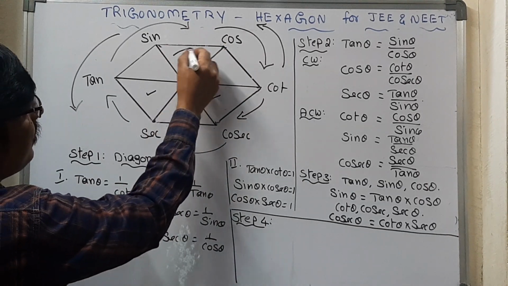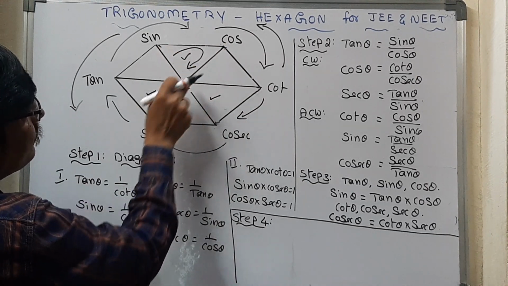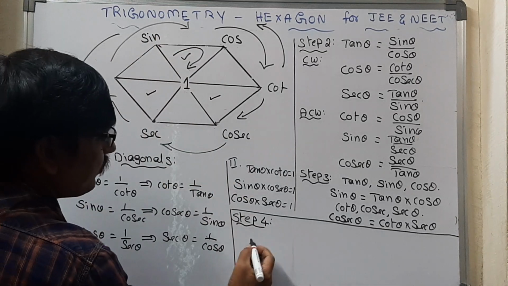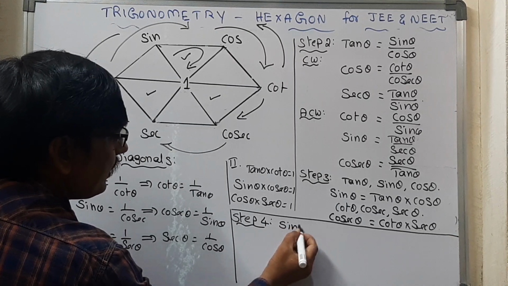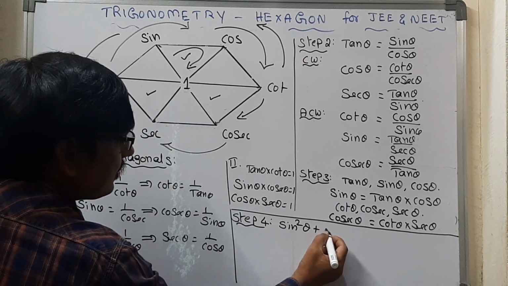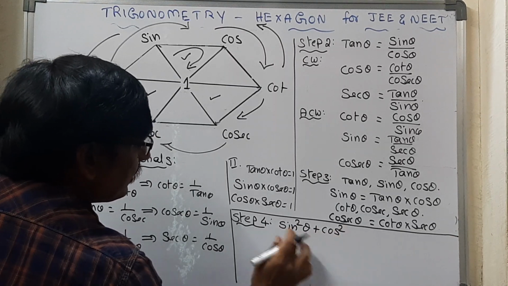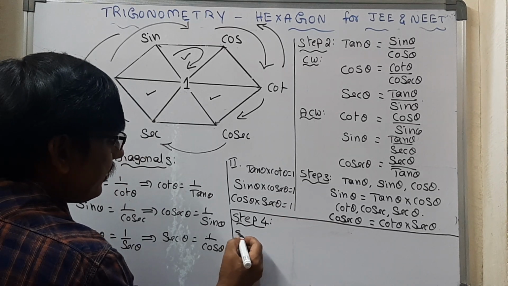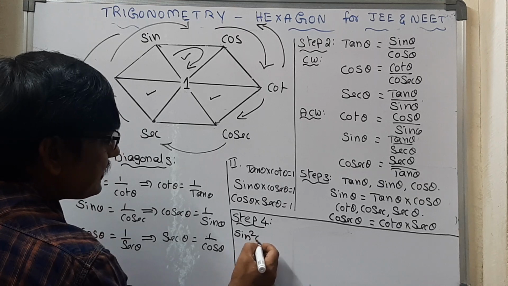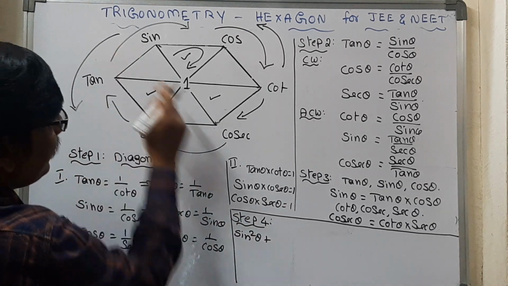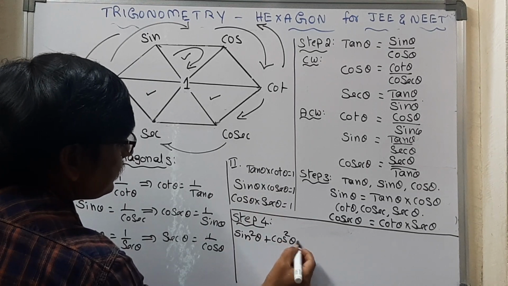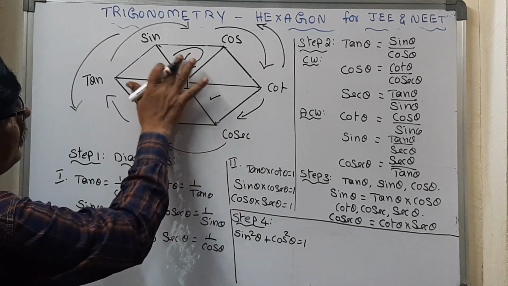Taking the clockwise direction and the squares of these: sin square theta plus cos square theta is equal to 1. This part is completed.